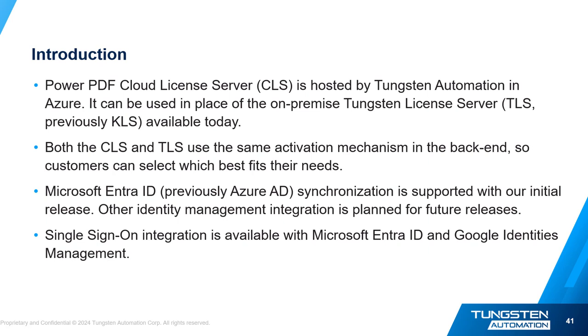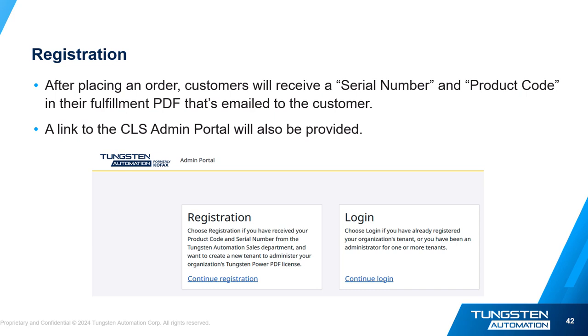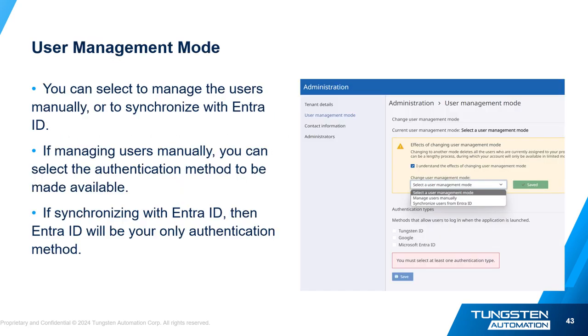With this release, single sign-on integration is available with Microsoft Entra ID and Google Identity Management. Microsoft Entra ID, previously also known as Azure AD, synchronization is supported. Other identity management integration is planned for future releases. Once the customer receives the license, they can register for an account on the CLS admin portal and activate the licenses. Two modes are available for user management: Synchronize from Entra ID, useful for medium to large enterprises, and Manual User Management, which can be used by non-Entra ID organizations.